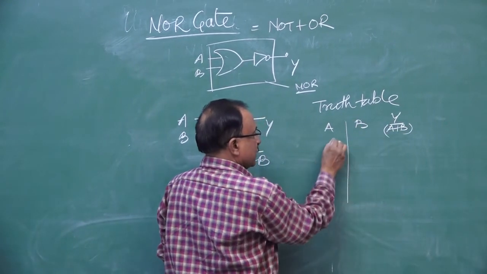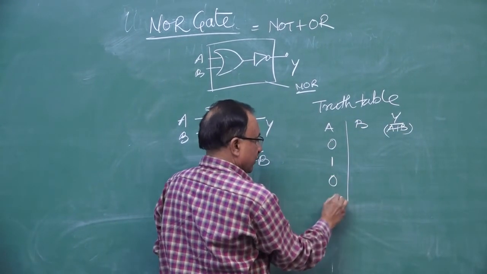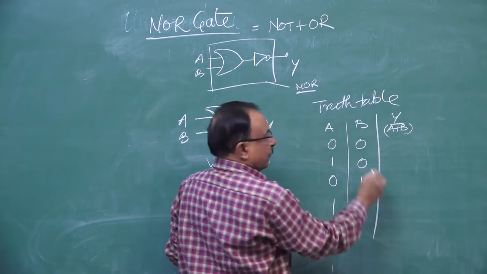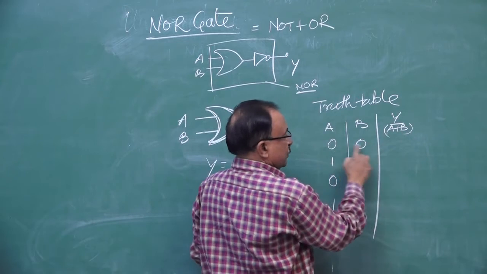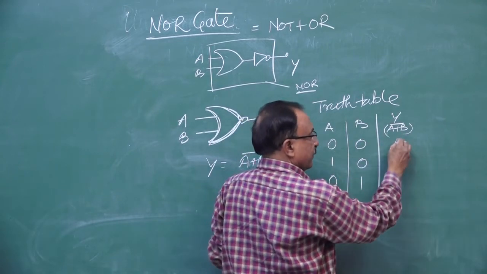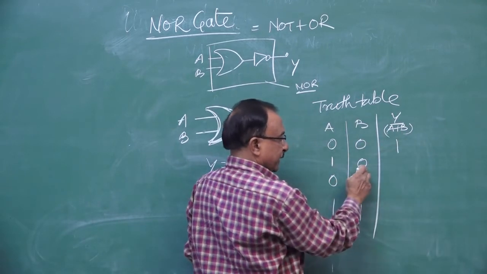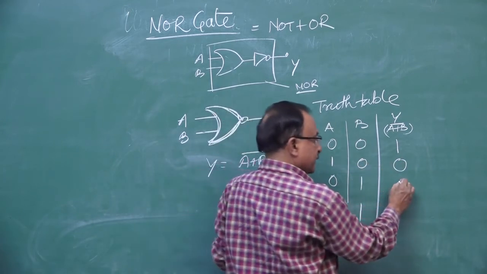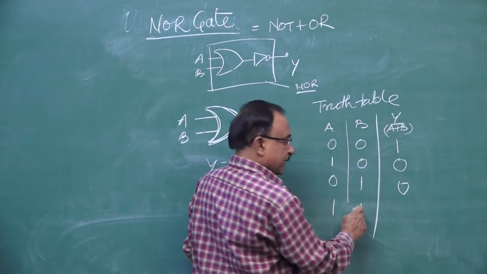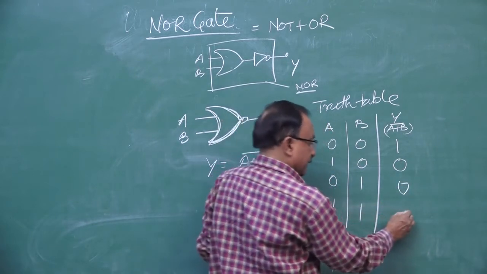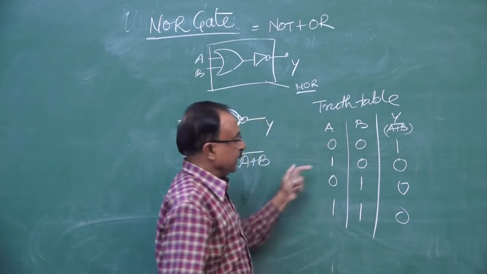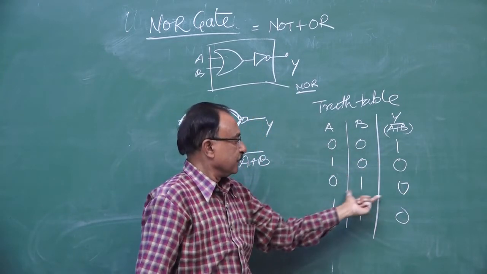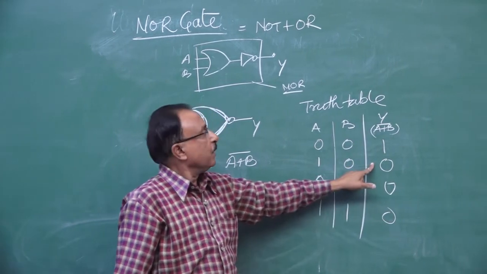We write the combination 0, 1, 0, 1 for A and 0, 0, 1, 1 for B, and Y will be (A plus B) NOT. 0 plus 0 is 0, the invert of it is 1. 1 plus 0 is 1, the invert of it is 0. 0 plus 1 is 1, the invert of it is 0. 1 plus 1 is 1, the invert of it is 0. So we get the output 1, 0, 0, 0. It is the invert of the OR gate.